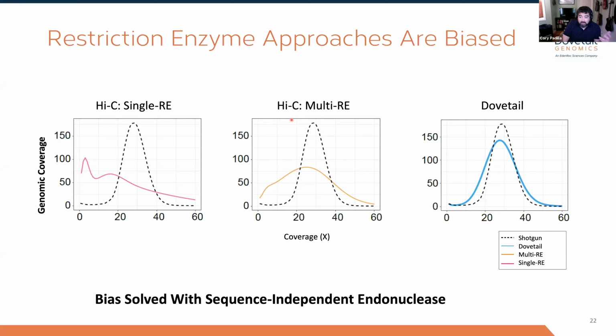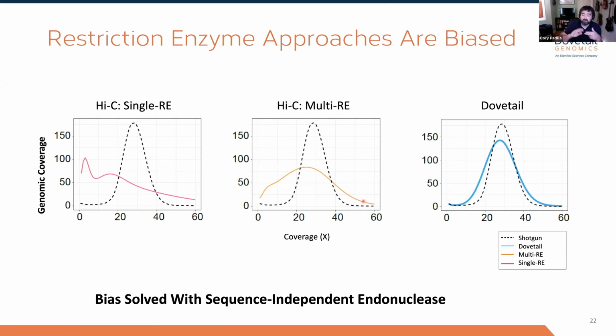Now, if you add more restriction enzymes, it helps, right? It kind of normalizes the curve a little bit better. It gets rid of this sort of bimodal histogram, but you still have this region here that are poorly covered, and you still have these regions here that are overrepresented. And that comes from you enriching over restriction sites.